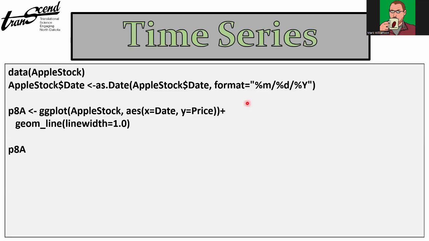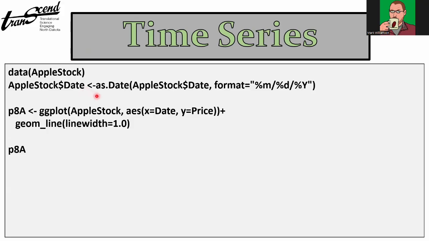All right, on to our other type of time data, time series. These are pretty straightforward, but sometimes you have to format the data. I'm going to start with Apple stock. It turns out if you try to just run it with geom_line from ggplot right off the bat, it doesn't work.